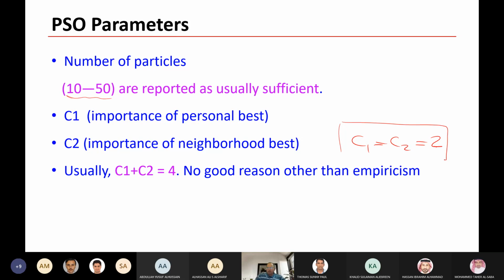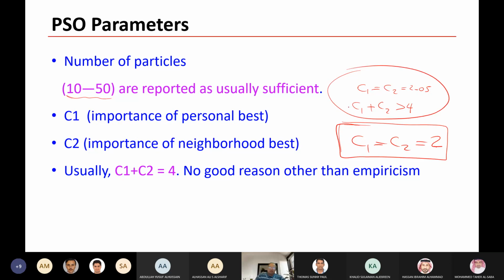In some variants of particle swarm, they said that C1 plus C2 must be greater than 4, and they set it equal to 2.05. So this is using the constriction factor.